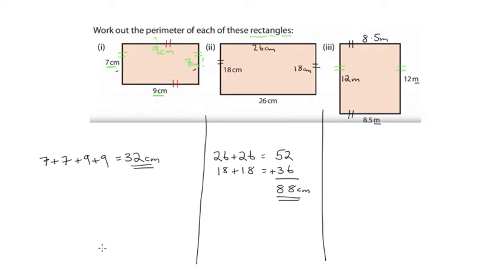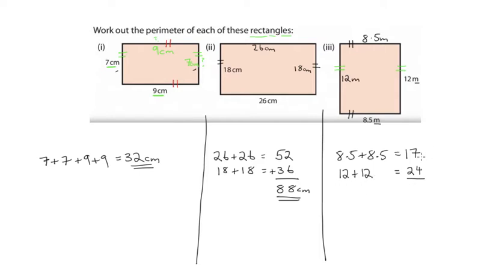Okay, let's add up these four sides. I'm going to do it in two parts. So 8.5 plus 8.5. You can use a calculator here for sure. 8 plus 8 is 16, and 0.5 plus 0.5 is 1. So that is 16 plus 1, so it's 17. If you use a calculator, it'd be much easier. And then 12 plus 12 is 24.